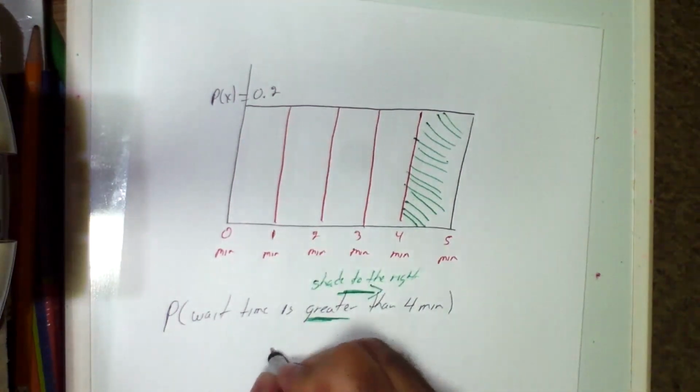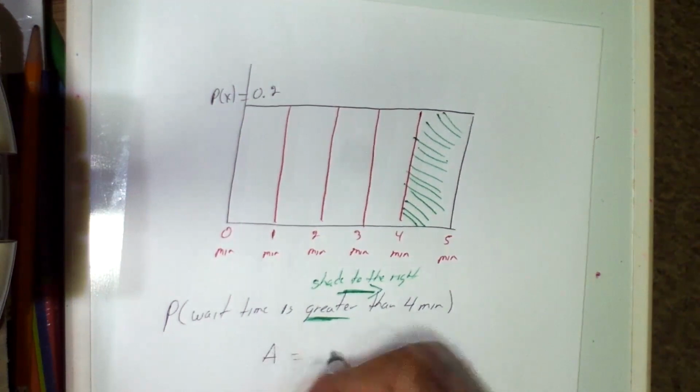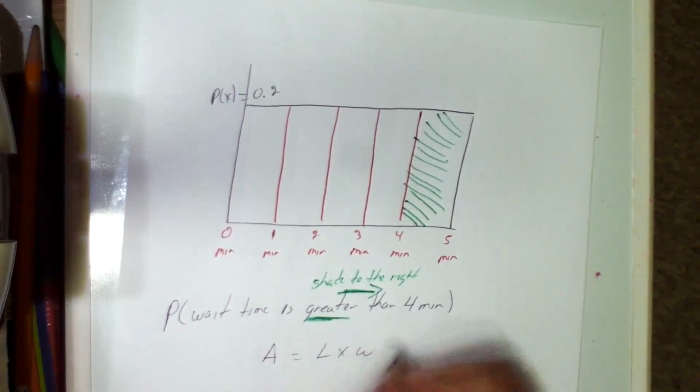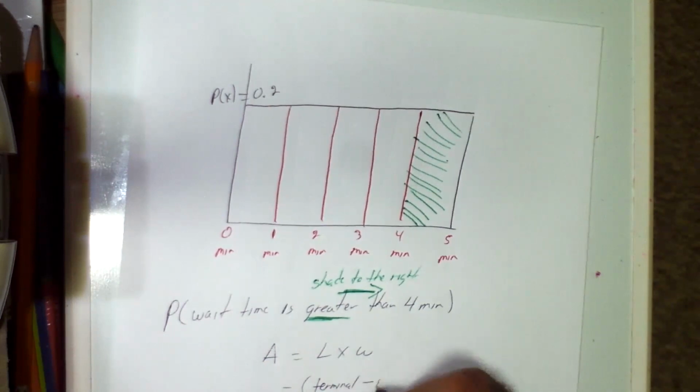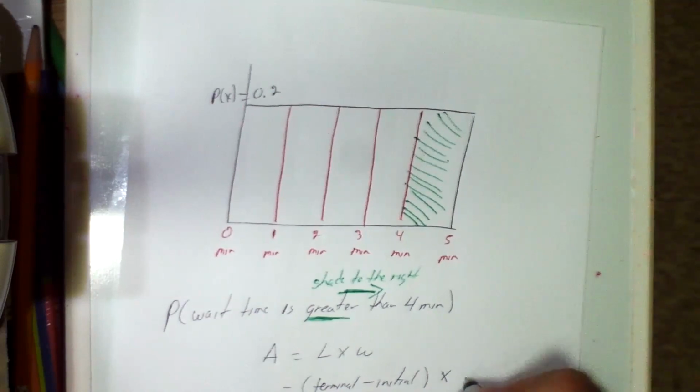And I use my infamous area formula, length times width, where length is terminal minus initial, and my P of X is my width.